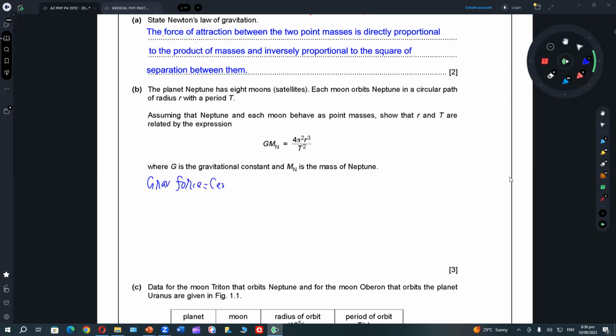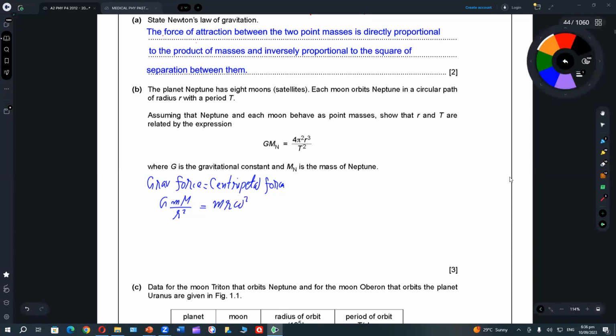Gravitational force is providing centripetal force. This is Kepler's third law derivation, one of the most repeating derivations in this chapter.